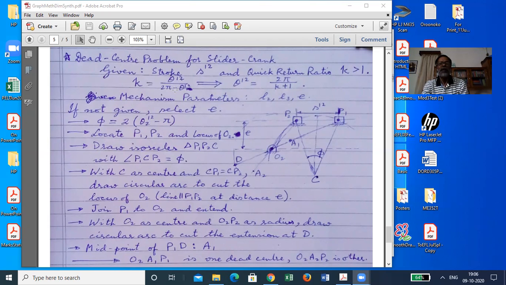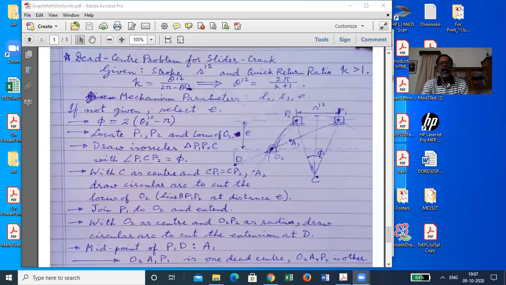You take this 2 pi minus theta 12 to here, then the theta 12 term you get here, club them together, you get K plus 1, and divide with that K plus 1. So you get 2 pi divided by K plus 1. That way you determine theta 12. Fine. Now the mechanism parameters L2, L3 and E. E is something which you select.